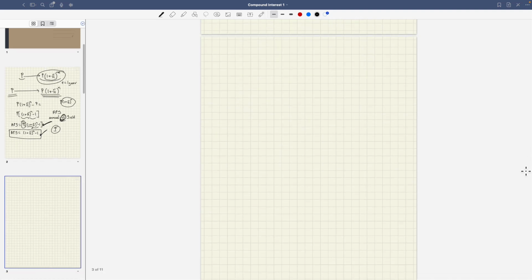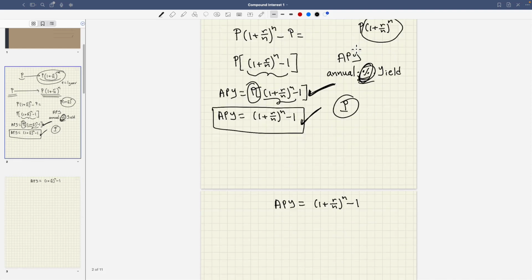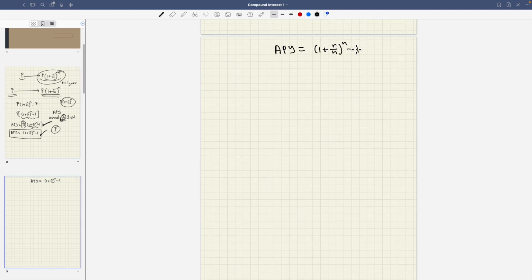So what's happening here? Okay, we're going to say the APY is this formula: 1 plus R over N, to the N, minus 1. We already derived this formula earlier up here when I was talking about it. All it is essentially, think about it.